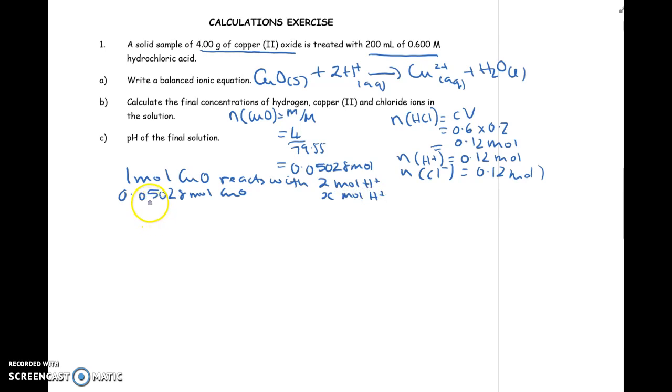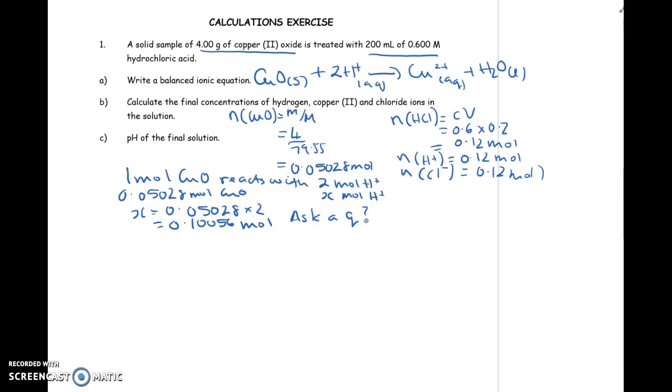So from there I can find that X would equal 0.05028 times 2, which means that I would need 0.10056 moles.